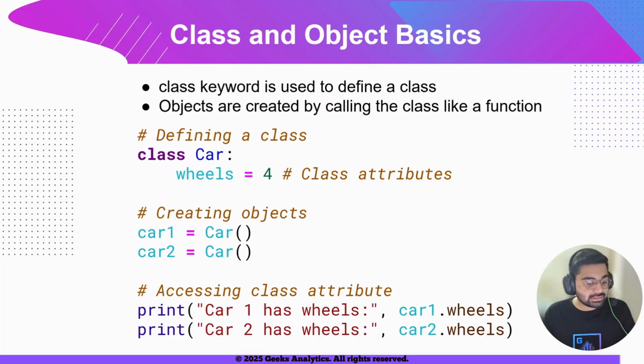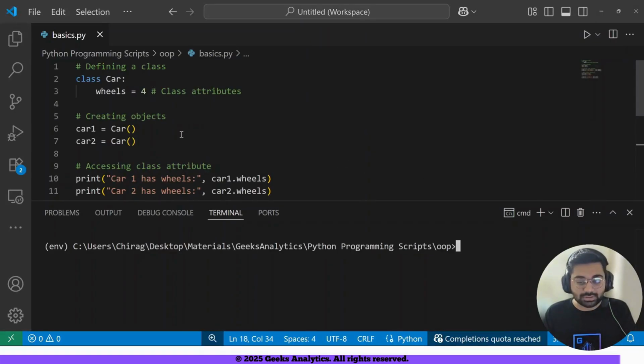So for our example here, you can see we are first defining a class called Car. Then any variables defined there like wheels equal to 4, this is what is called class attributes, meaning these are certain values associated with the class. And then we can create objects. Each object is independent of the other.